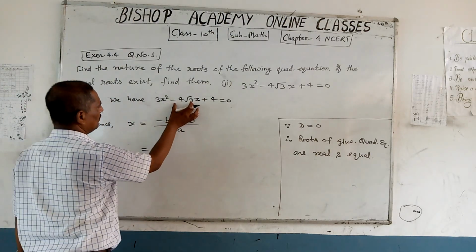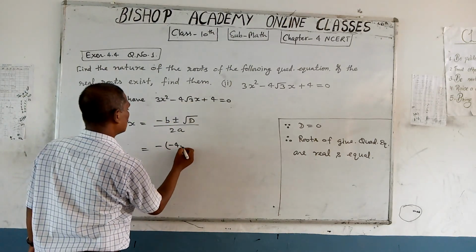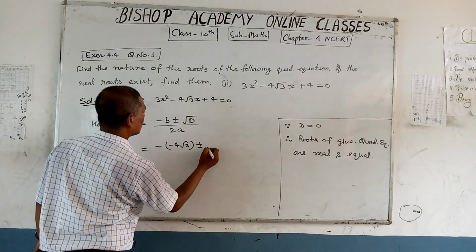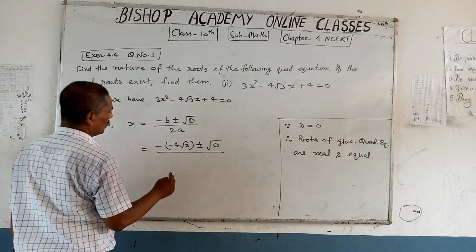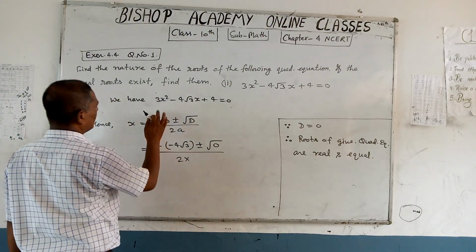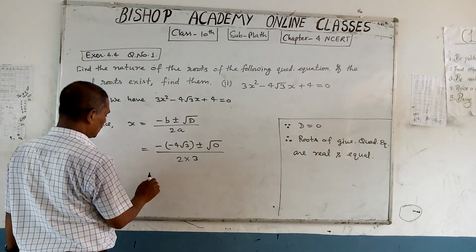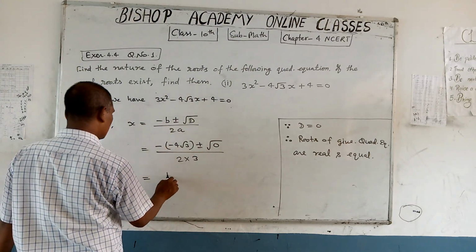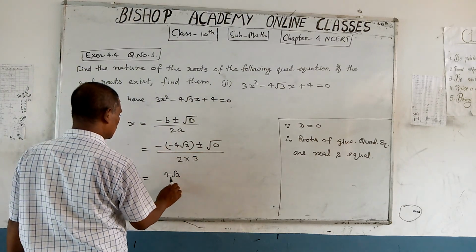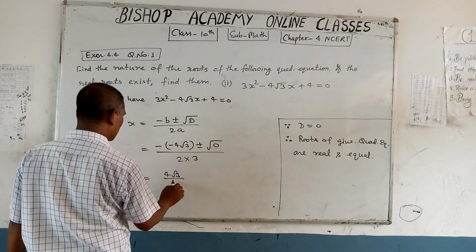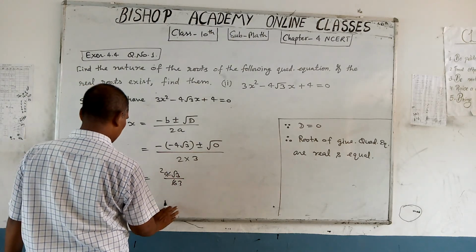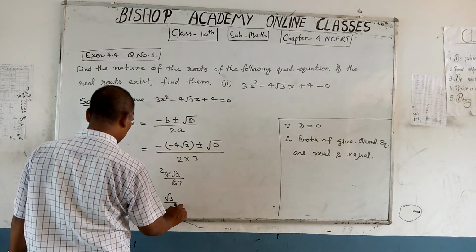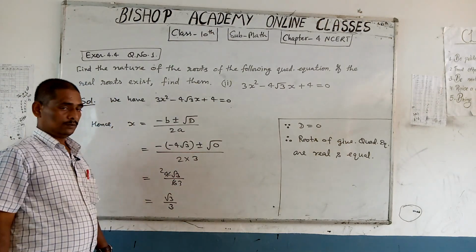Minus, the value of b is here, put minus 4 times root 3, plus minus under root, the value of D is 0, put 0, 2 multiply a, the value of a is 3, put 3, you get 4 times root 3 upon 2 threes are 6, 2 twos are 4, 2 threes are 6, means root 3 upon 3.